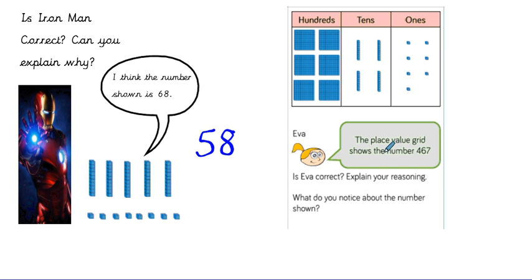And for Eva here, what she's got is 6 hundreds, 4 tens, and 7 ones. So both of those answers were wrong. Have a look at what Eva's done, where she's got confused. She's got her tens and her hundreds mixed up.